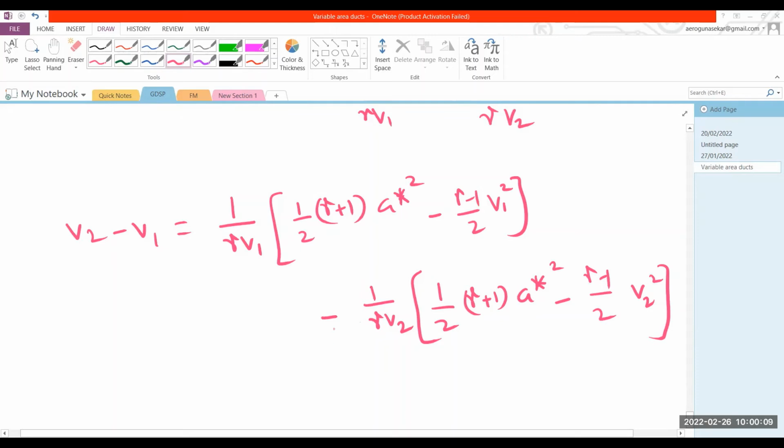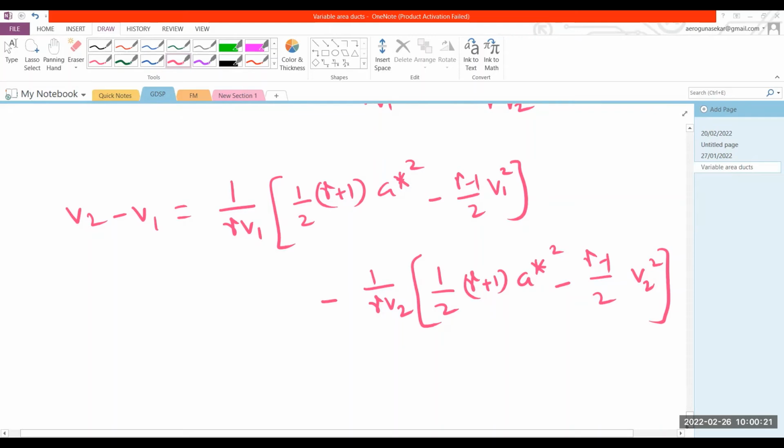When you are opening the bracket, the term 1 by gamma v1 will be multiplying with this, and 1 by gamma v2 will be multiplying with this. When 1 by gamma v1 is multiplying with the second term, gamma minus 1 by 2 into this, what will happen?